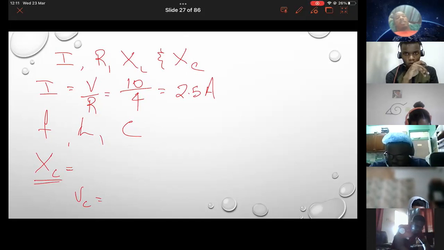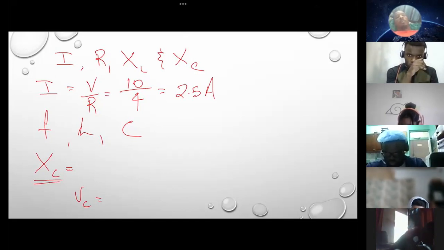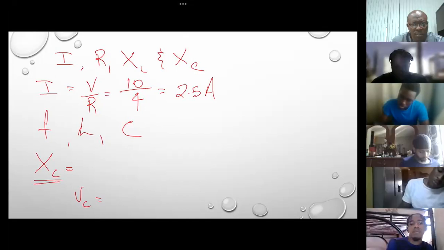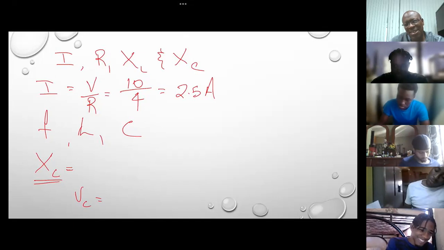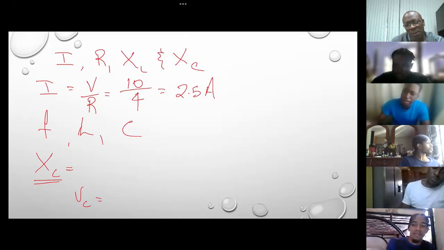Has anyone found XC, by the way? Sir, would it be XC times I? Be a bit more specific. XC times the current flowing through it? Yes, it is I times XC, but I want it to be a bit more specific.